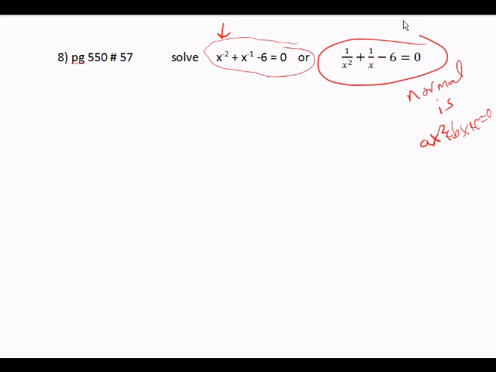Now, I can't remember. See, I wrote it down two ways. I think your quiz looks like this one. These both mean the same thing. I'm going to write down that these two are the same. I can't remember, I think this is the problem.